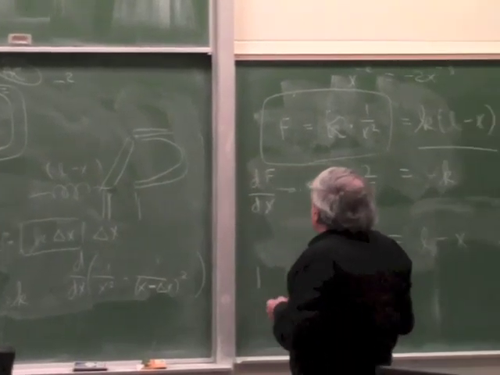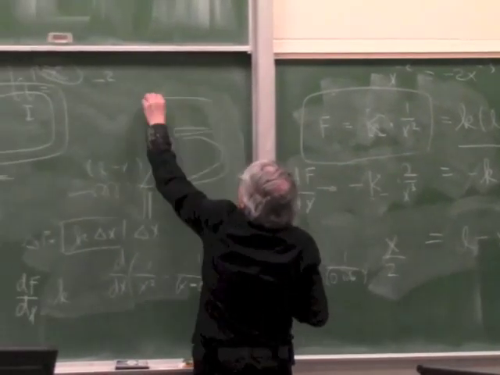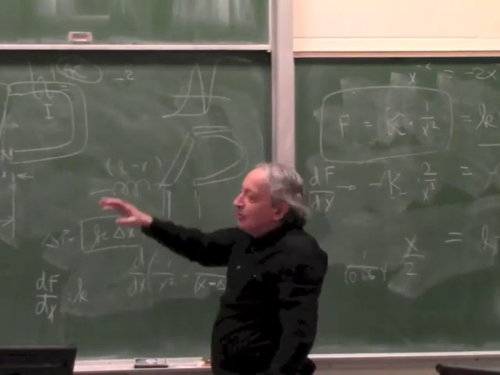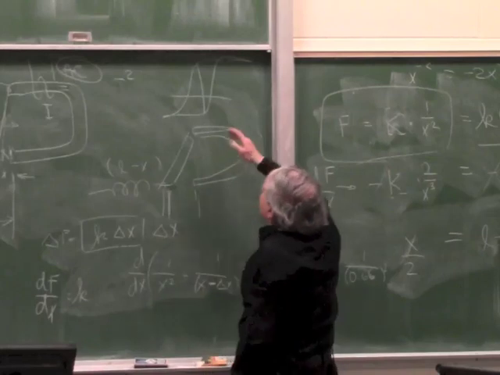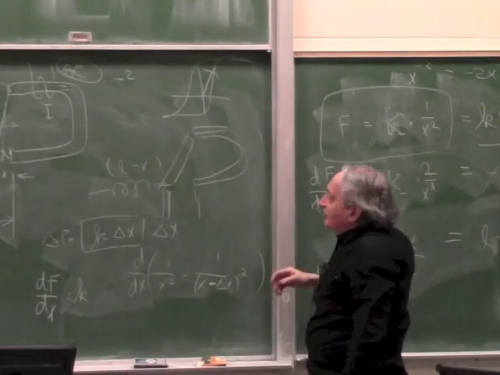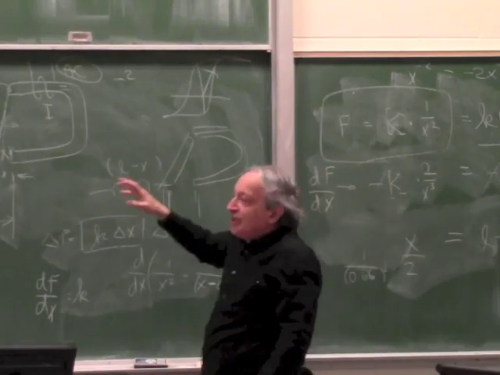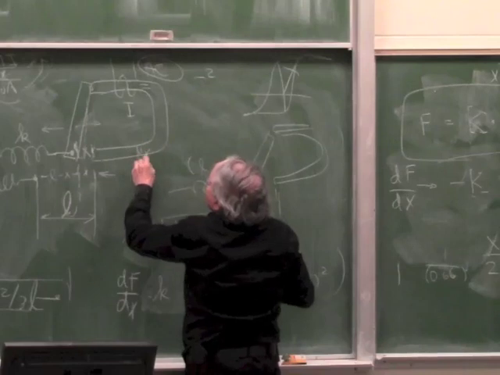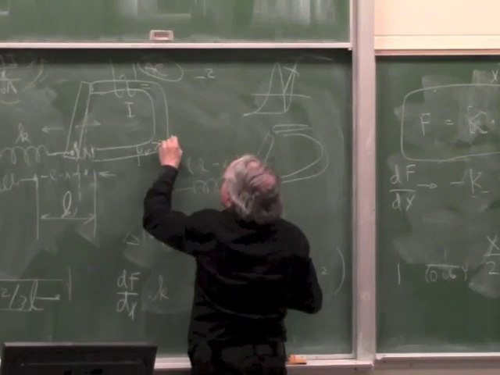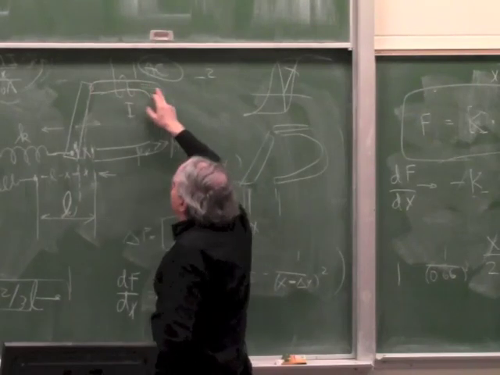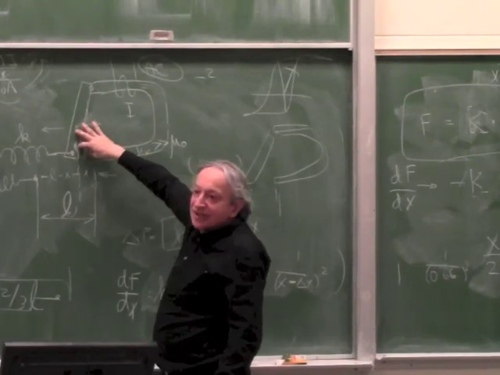So the bottom line is you can't win because it saturates. These formulas are all approximations for the linear range. To start with, the whole derivation was based on that we said that mu r is much bigger than mu 0, so we ignored all the reluctance of the iron, we just used the reluctance of air.